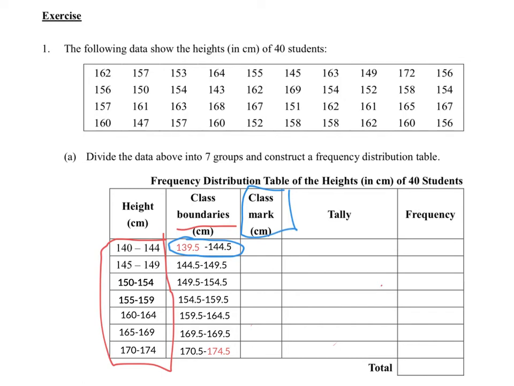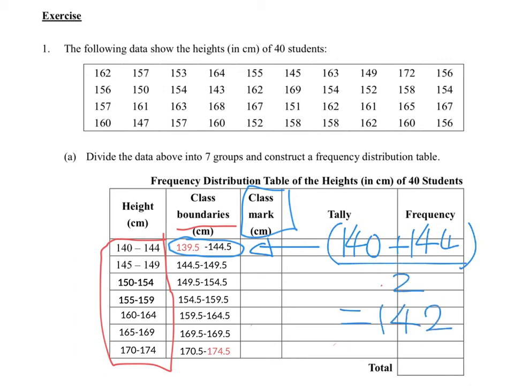Just like in the first group, for the class mark we use the number at the middle of 140 to 144. That is 140 plus 144, add them together and then divide by 2. That should be 142. So the class mark of the first group should be 142. The class marks are found like that.